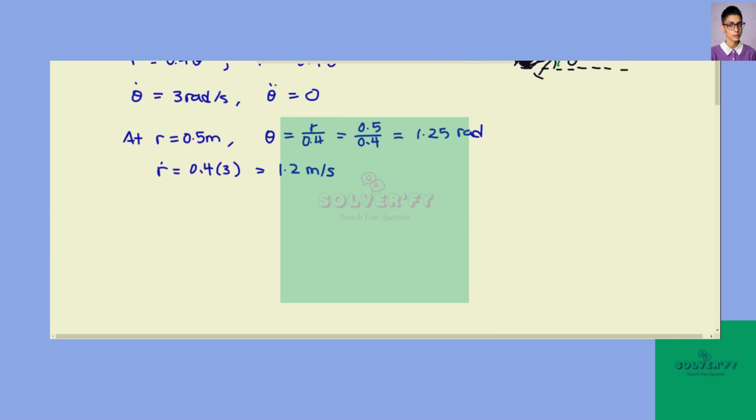So for the velocity part, we are going to find the radial component. This is r dot, so 1.2 meters per second. And then v theta is r theta dot. So r is 0.5, theta dot is 3, and you get 1.5 meters per second.